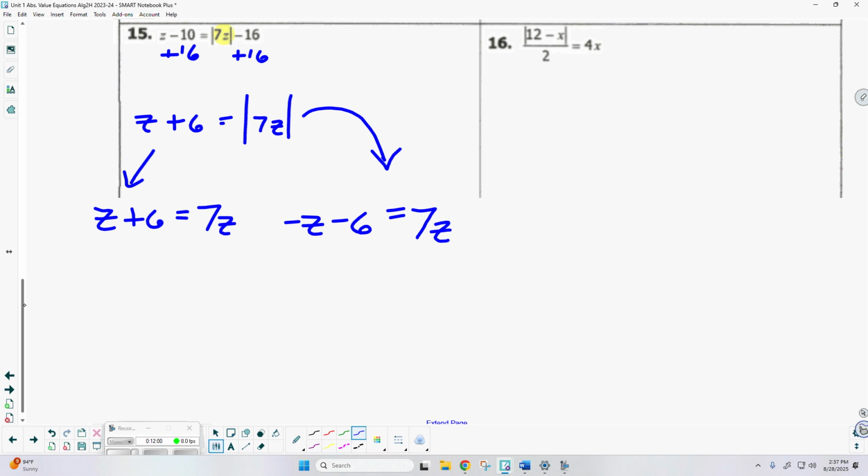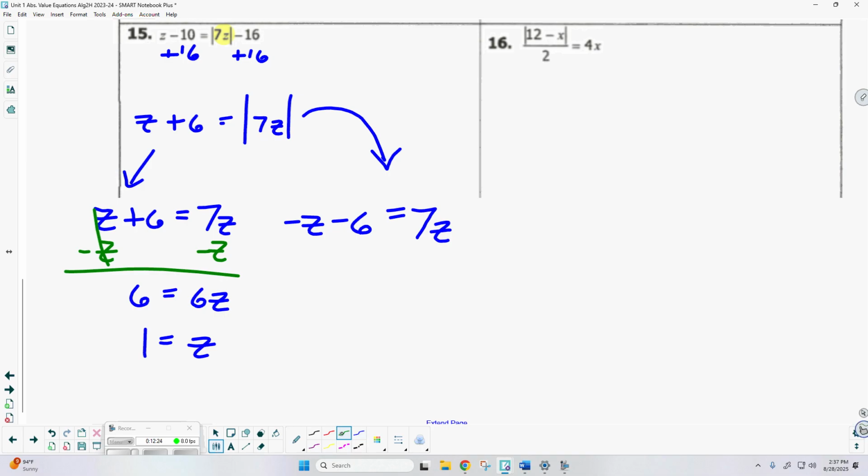And then now we solve it. Okay. Let's see what we got here. If I subtract z, okay, so it looks like 6 is equal to 6z. So what's my first answer? 1. And then let's take care of the other one.